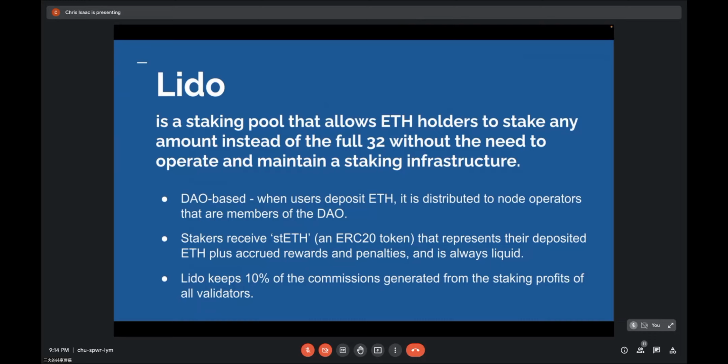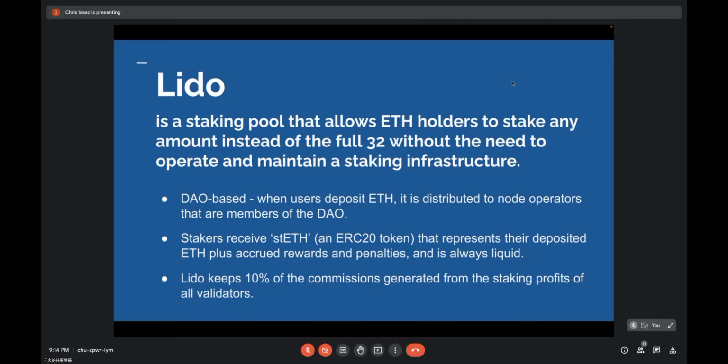That's what staking services are really offering: the ability to do it without having to know how. So Lido is DAO based, meaning when users deposit their ETH, it goes out to some node operators that are members of the DAO. It's a relatively small pool.